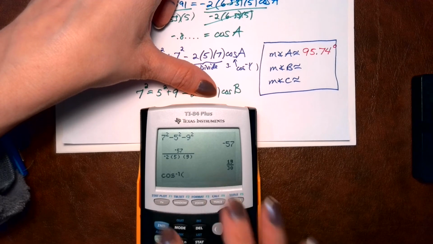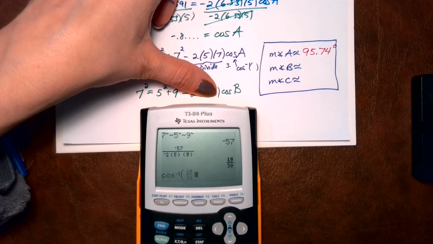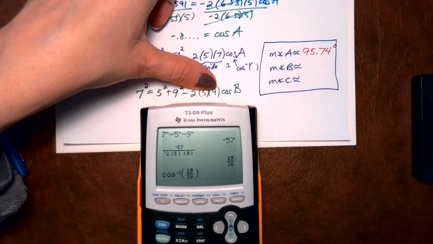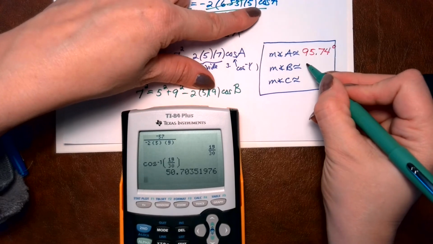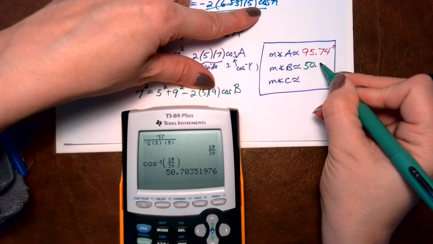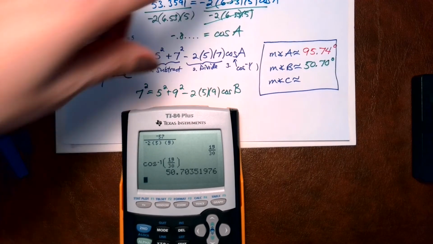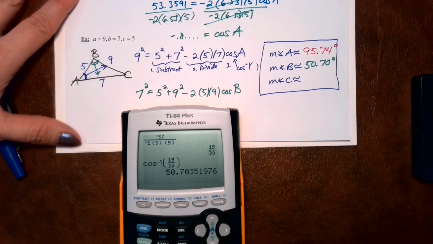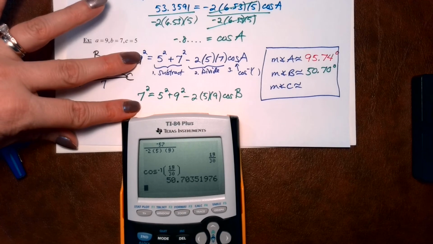You could do second answer, or you could go up there and grab it. And angle B is how much, rounded to two places? I hope you got 50.70 degrees.